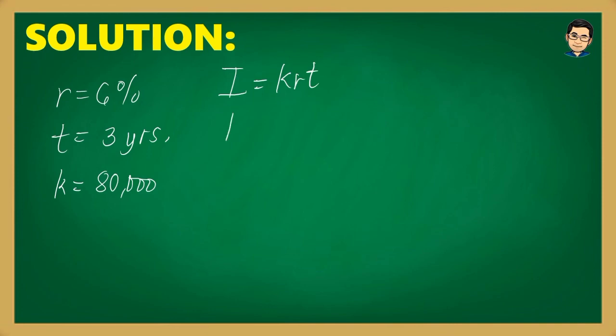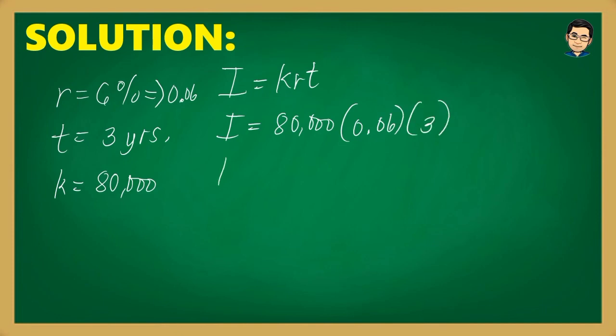So, I is the unknown. And then, K is 80,000 times the rate. So, yung 6% po, kailangan po natin i-change sa decimal. That is 0.06. Times yung time natin, which is 3 years. So, 3 lang. And then, i-multiply lang natin 80,000 times 0.06 times 3.